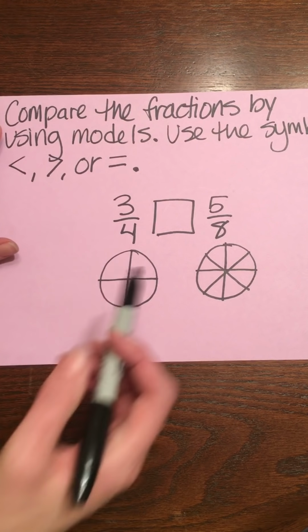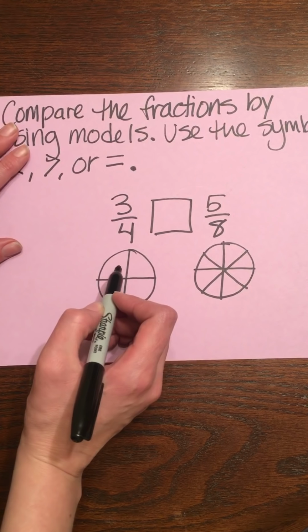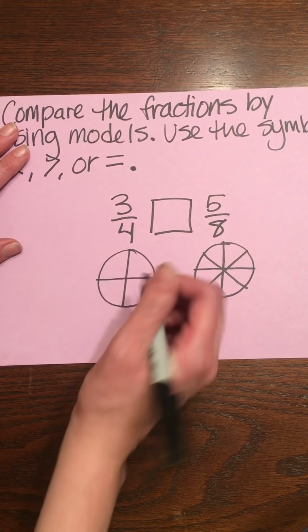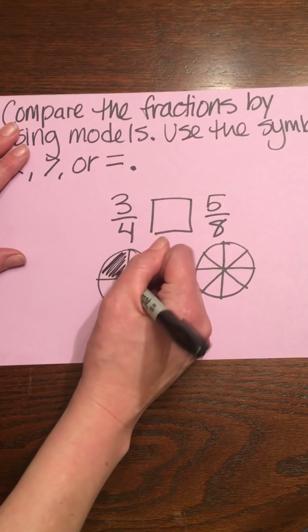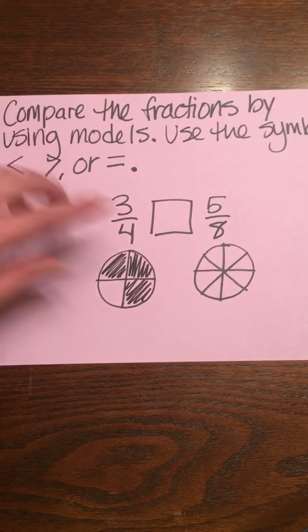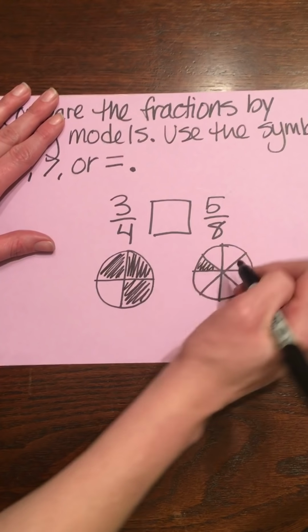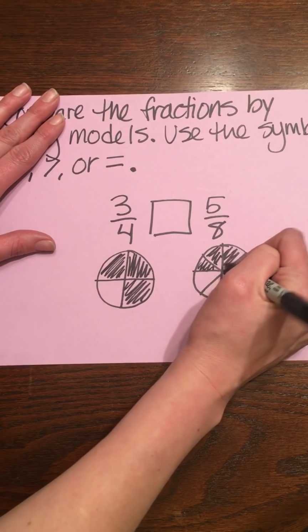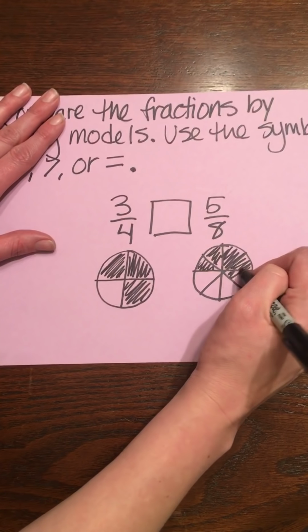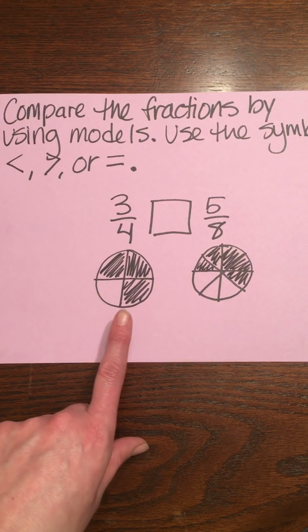So we're comparing 3/4 and 5/8. We're going to shade in 3/4 on this side. On this side, we're going to shade in 5/8. Now we can see in a picture which one is greater than the other.